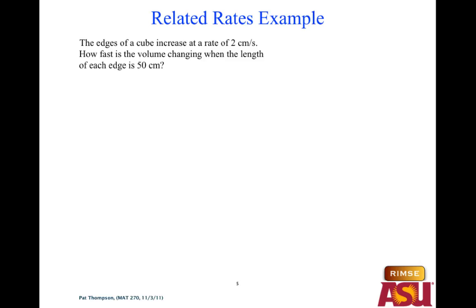So therefore, what are we going to need? If we need a related rates equation for the rate of change of the edge length associated with the rate of change of the volume, then where's that going to come from? What are we going to need? The big point of the last slide.